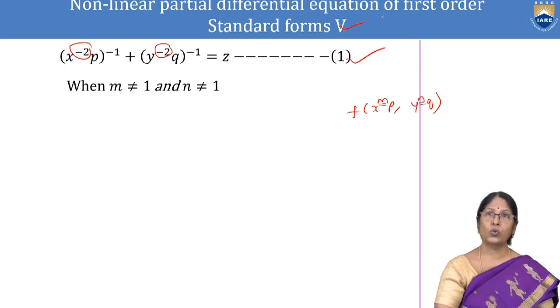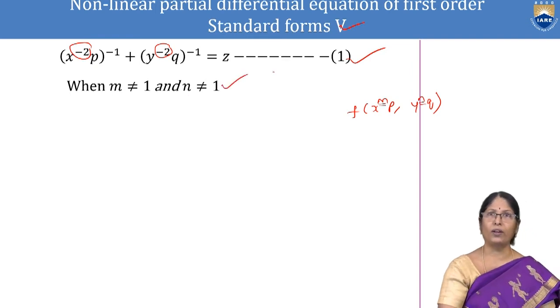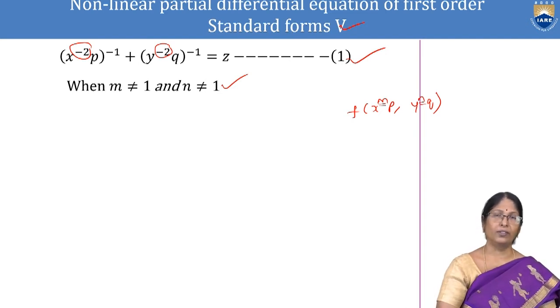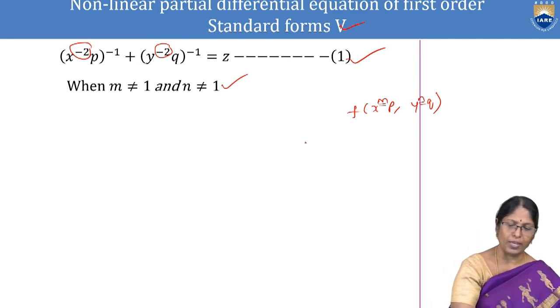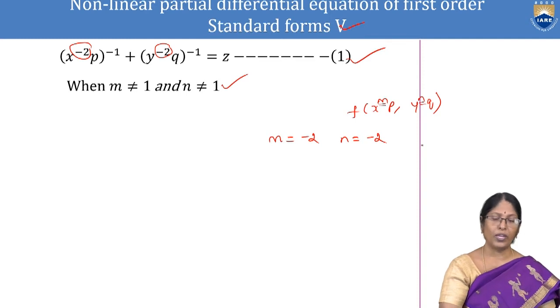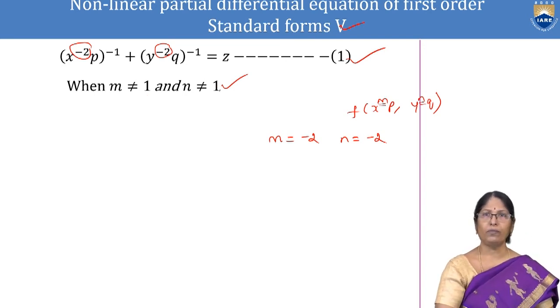For standard form 5, to solve, two conditions are there: if m and n are not equal to 1, one condition; if they are equal to 1, another condition. In our given problem, m equal to minus 2 and n equal to minus 2, so it falls under the case m is not equal to 1 and n is not equal to 1.